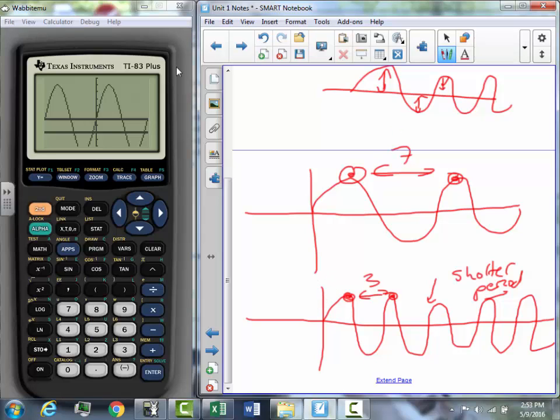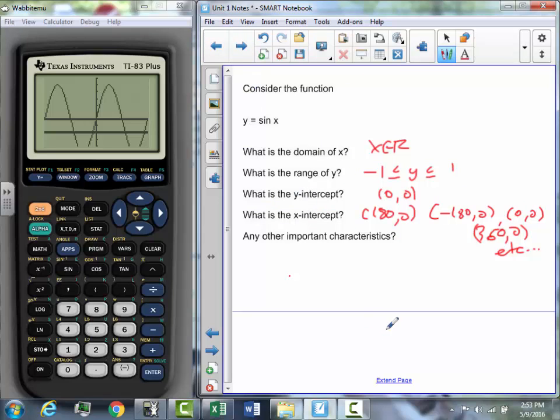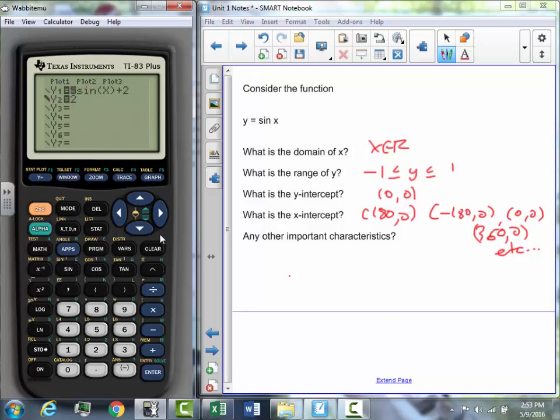That works? Okay. So let's go back and talk about the other characteristics. Let me go back to my regular old sine graph, sine x. Period is the length of time it takes for this thing to repeat itself.